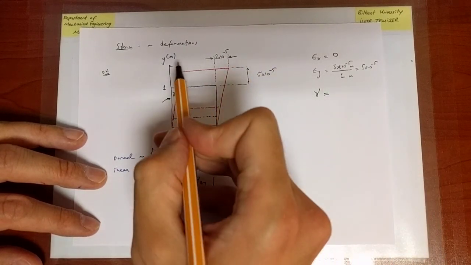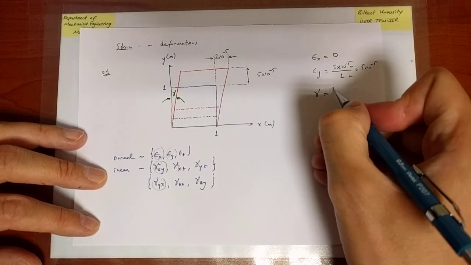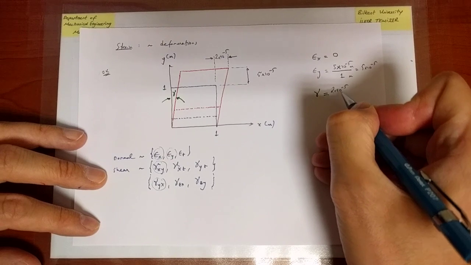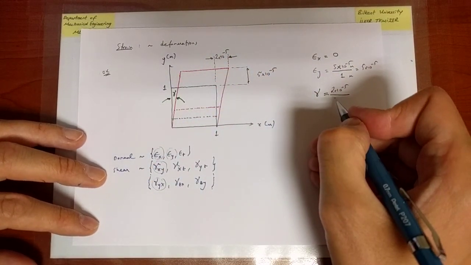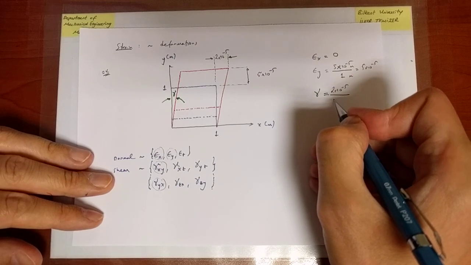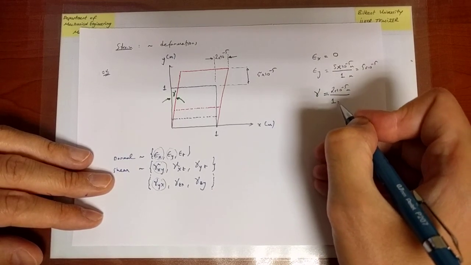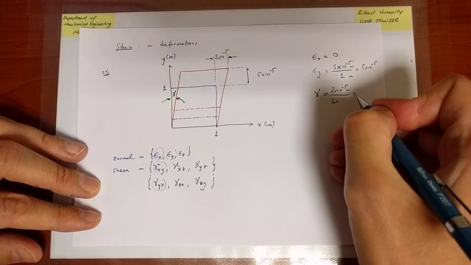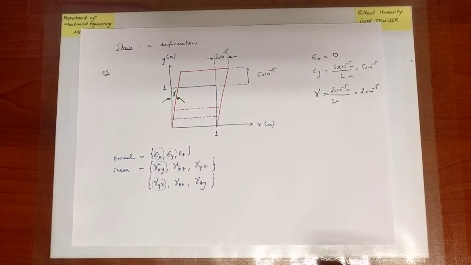So tangent gamma is this value, which is now 2 times 10 to the minus 5, divided by the total length, which is going to be approximated as 1 meter over meters. And therefore the shear strain is 2 times 10 to the minus 5.